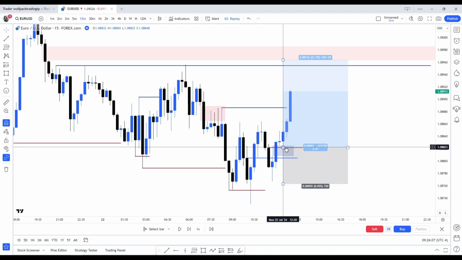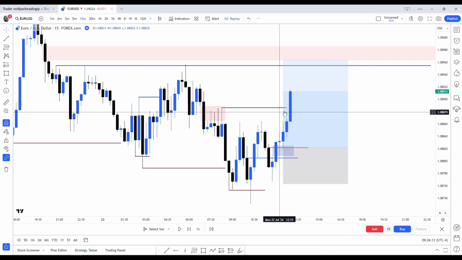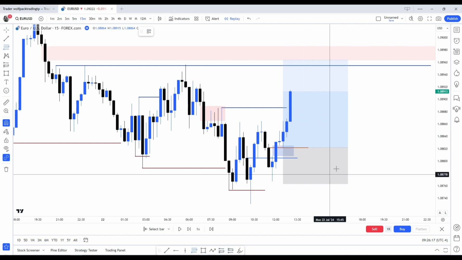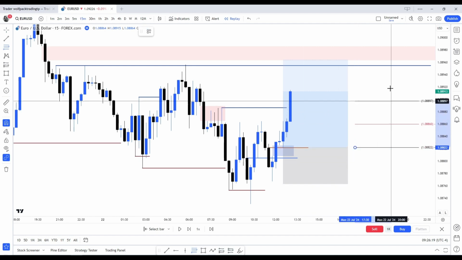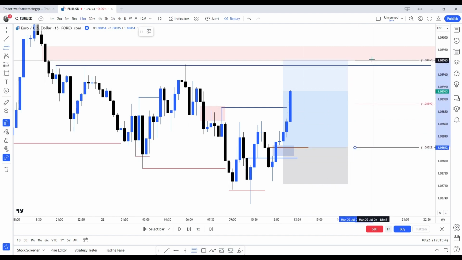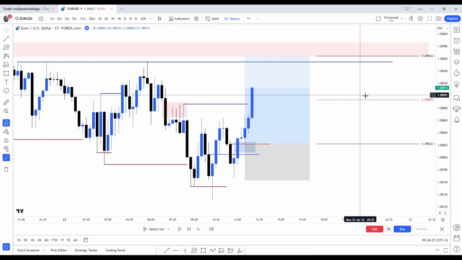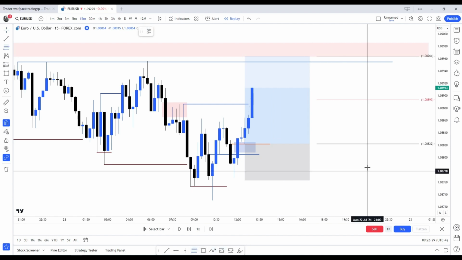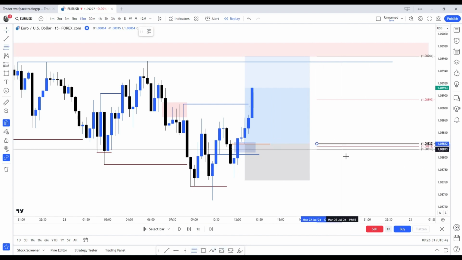Now, once we've got this propulsion block showing reactivity straight away, and we've already banked our partial, we can use a smart little tool measuring from our entry to our target. And now, as you can see, for the beginner trader, this is easy to do.